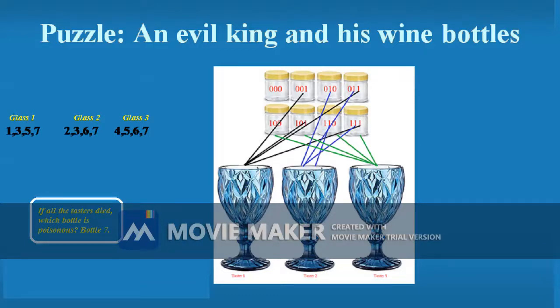Also, there will be another situation, that is, if all the 3 tasters die, 7 is common in all the 3 sets, that is 1, 3, 5, 7, 2, 3, 6, 7, 4, 5, 6, 7, which means that definitely bottle number 7 is the one having poisonous liquid.